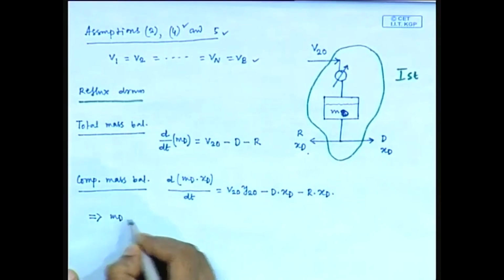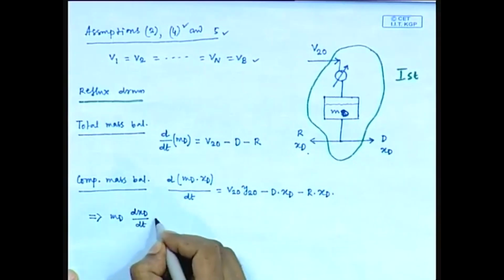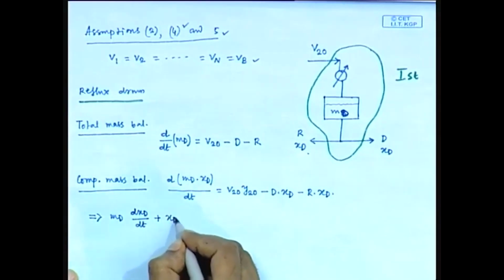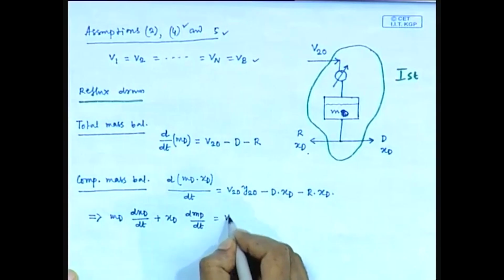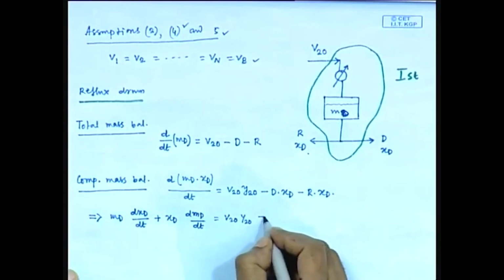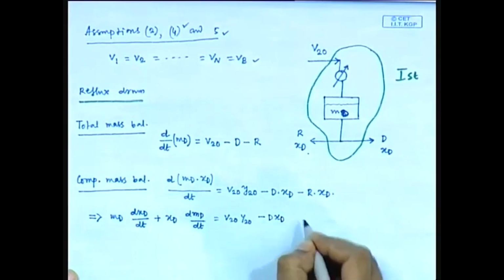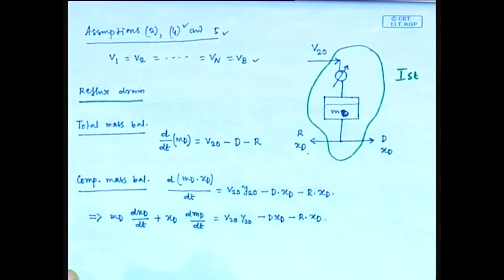So, Md dxD/dt plus xD dMd/dt equals V20 Y20 minus D xD minus R xD.